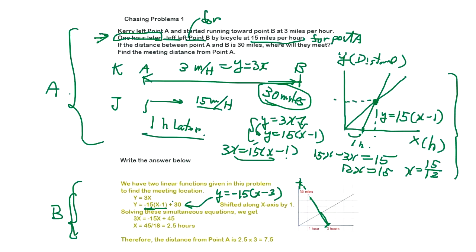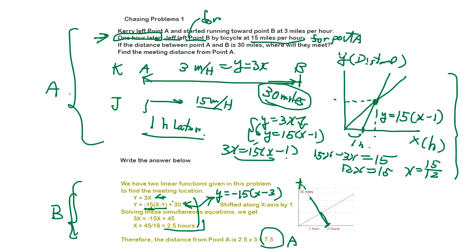Okay, so according to this graph, Jeff should be this equation, and Jerry should be this equation. That's Jerry, this is Jeff, and same here. So if you solve this, it is 2.5 hours later, and the location is 7.5 miles away from point A. Okay, so in this problem we solved two problems.